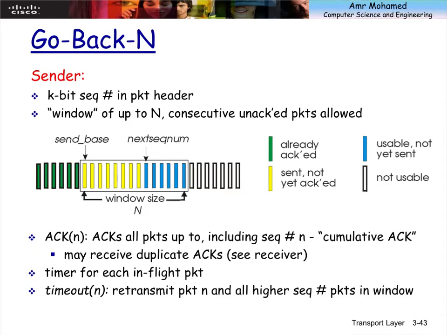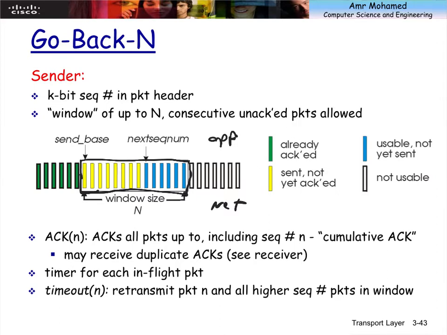Okay, so for Go-Back-N, the mechanism that we use to allow the sender to send n packets is what we call the window technique. The window is a virtual box. Here we have the application, here we have the network layer, and this is the transport layer.